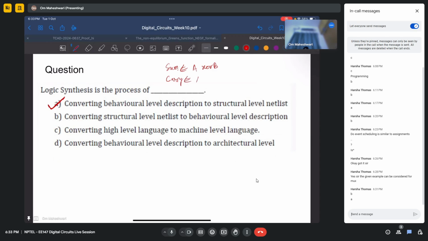Carry is A and B. So in the structural level netlist, we are actually making these XOR gates and AND gate.